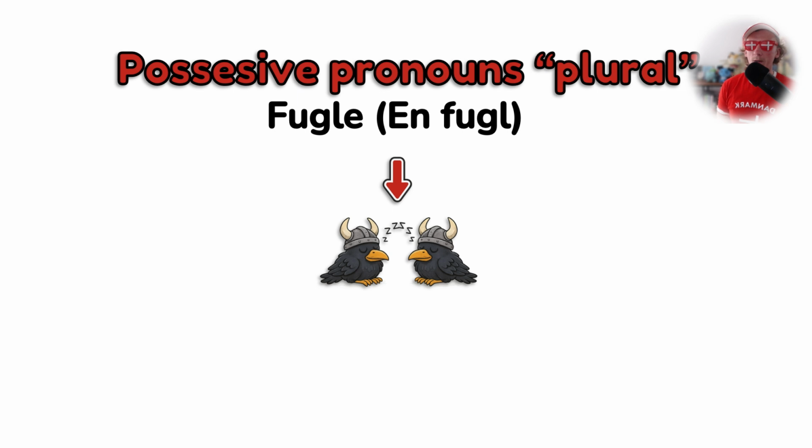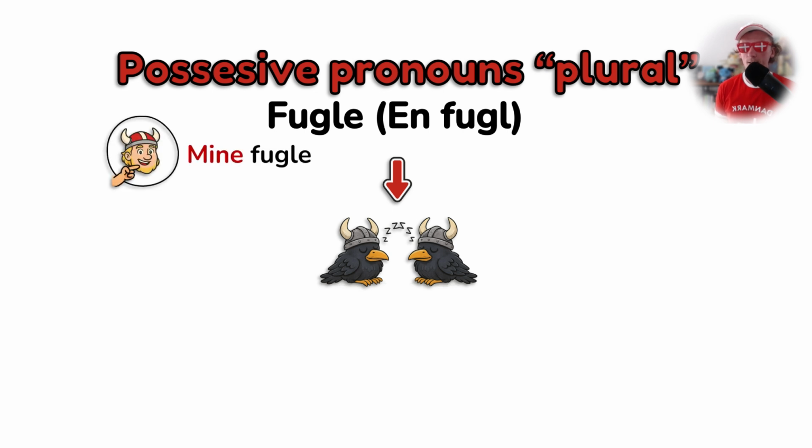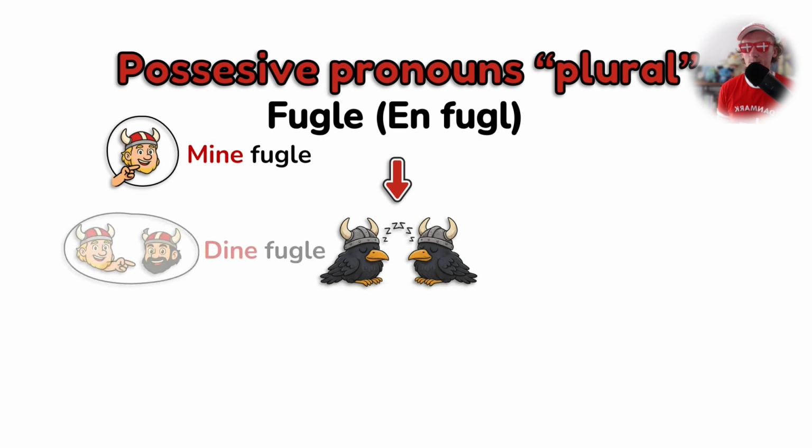So, in order to do possessive pronouns in the plural form is also pretty straightforward, but there is a little change. We add an E, and this is the same for the U form. So, mine fugle, dine fugle, my birds, your birds. Important to notice here is that the N here stays an N also for it words.